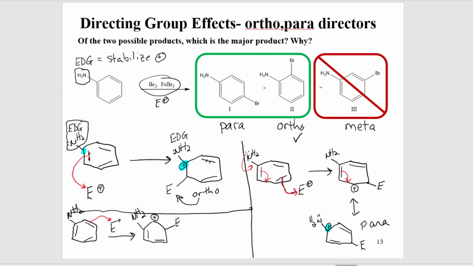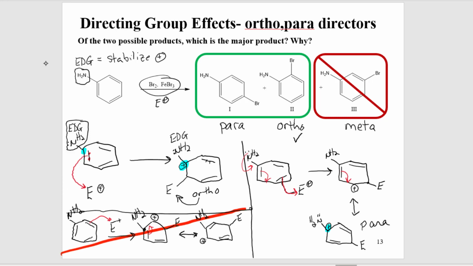Try and try and try, you will never get the carbocation to be at the position that you want it to be, at the foot of the electron donating group. It just keeps bypassing it. So it's never going to be in a good position to be stabilized. So meta is not a good option for this reason.